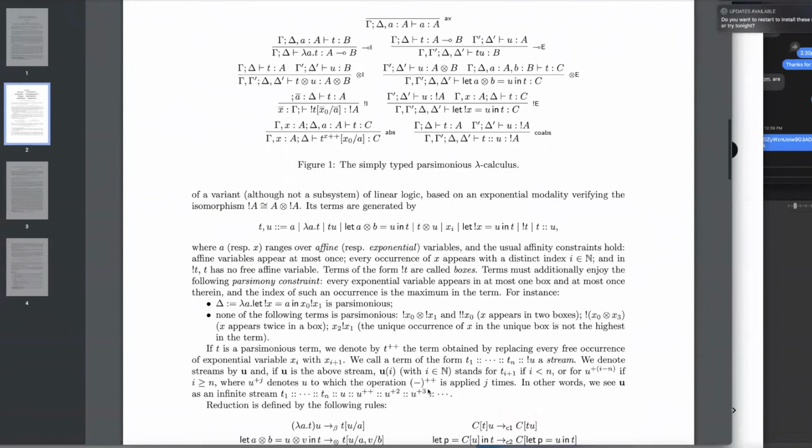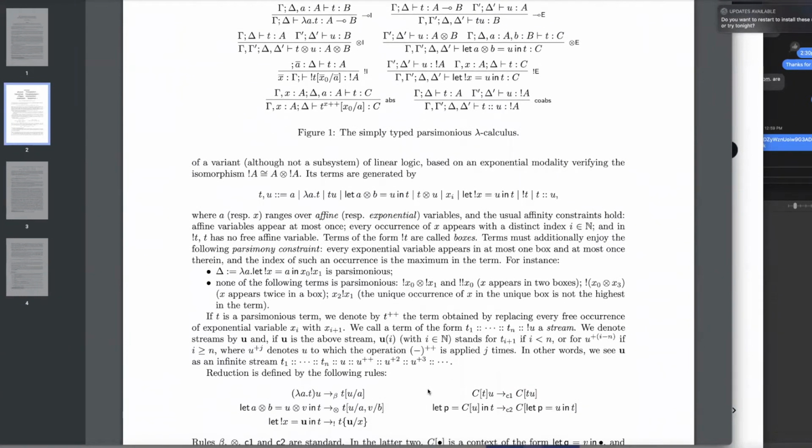Okay, so there's a little bit more notation. You can write t plus plus, where we replace every free occurrence of the exponential variable xi with xi plus 1. So it's a shift.